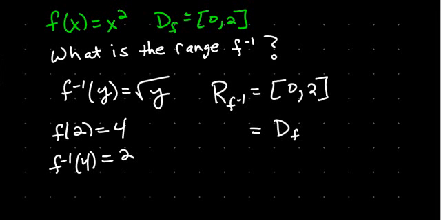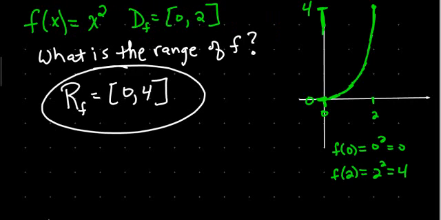Okay? Let me walk back through this. I've confused myself. Okay, so f of x equals x squared. We want to find the range. So I just sketched the graph here. We went from 0 to 2, and we've seen clearly that that leaves me a range of 0 to 4. And my domain is from 0 to 2.